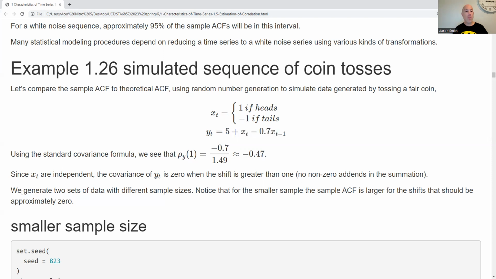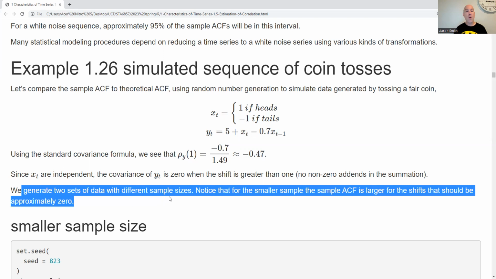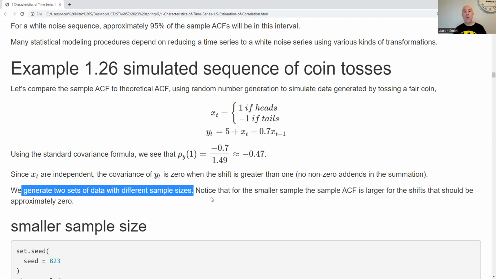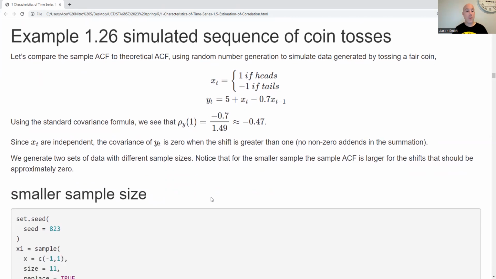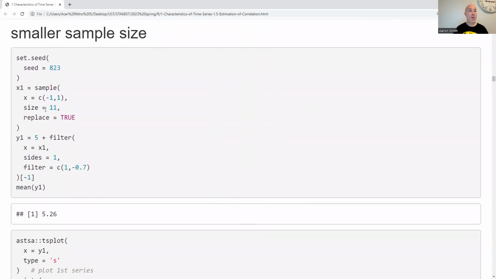All right, so just to show some examples, we're going to generate two data sets with different sample sizes. Now notice that the smaller sample size is going to have different cutoffs than the larger sample size on the dashed bar on the autocovariance plot. For the smaller sample size, here I've got a total of 11.